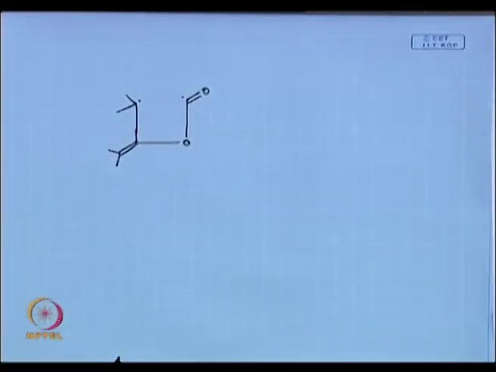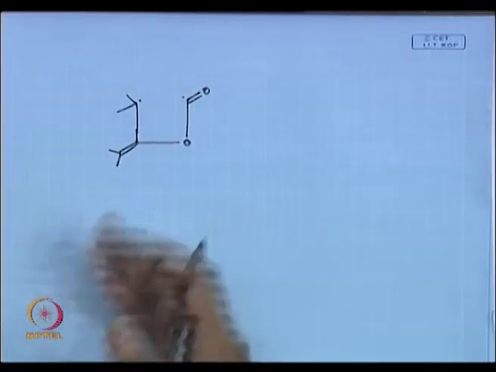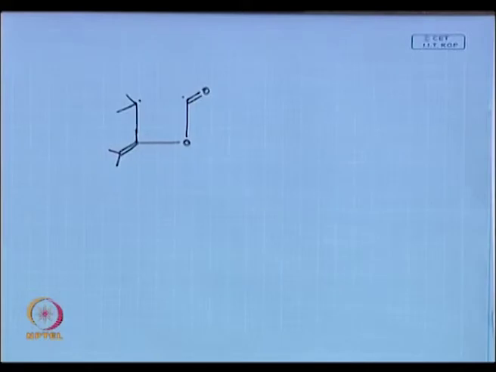Because it is again a 1,4-diradical type of system, which we have studied, what can it think about doing? What we have studied with this type of cyclobutanone system, what are the secondary processes?